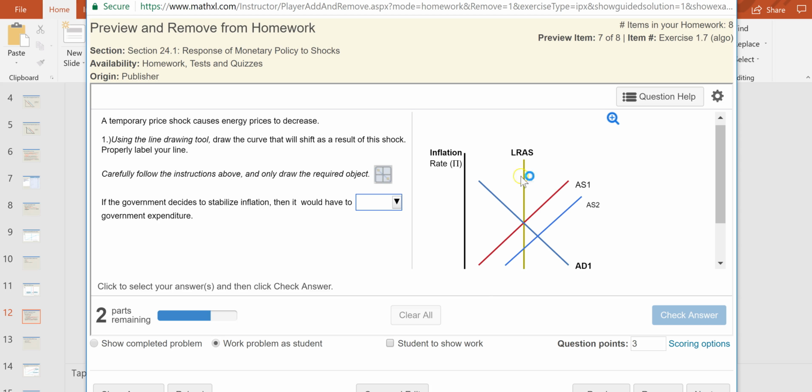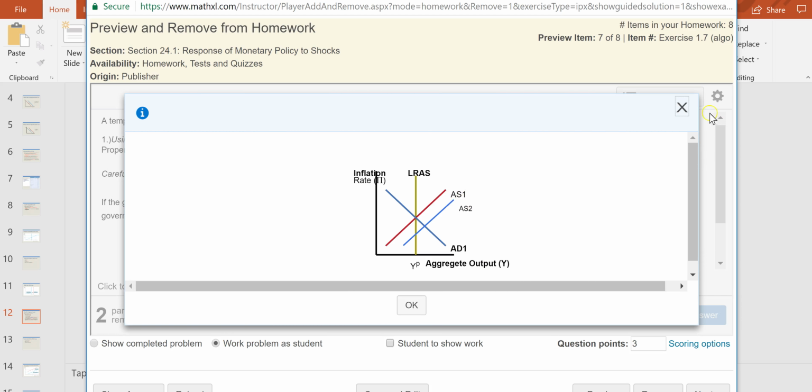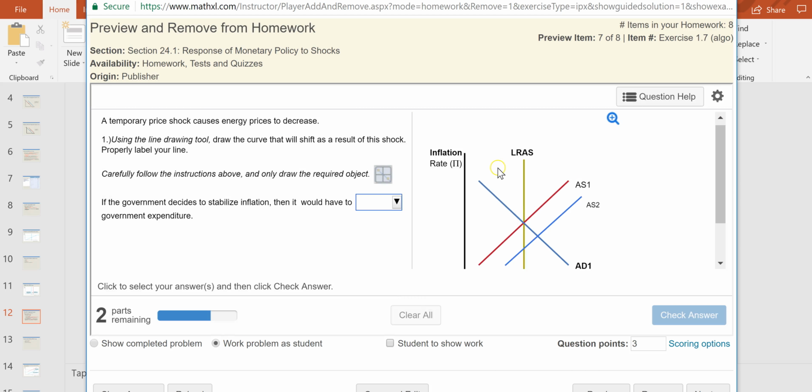So that can bring it back. Let me just draw this, and then later I have to erase that.